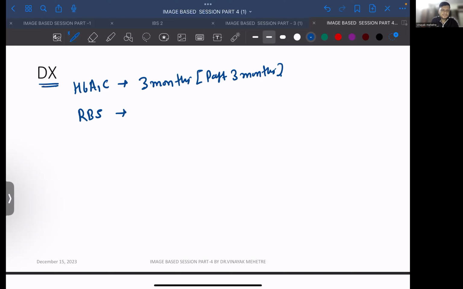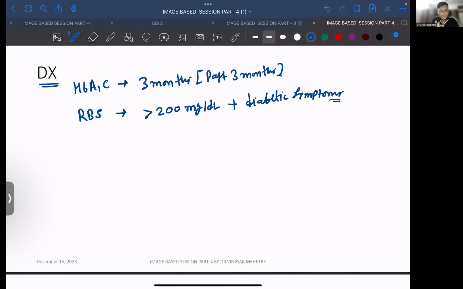एग्जाम में आएगा कि they are not going to write down HbA1c level. Okay, HbA1c level they will not write down, but what they will write down, more than 200 mg per deciliter. Okay, plus diabetic symptoms.